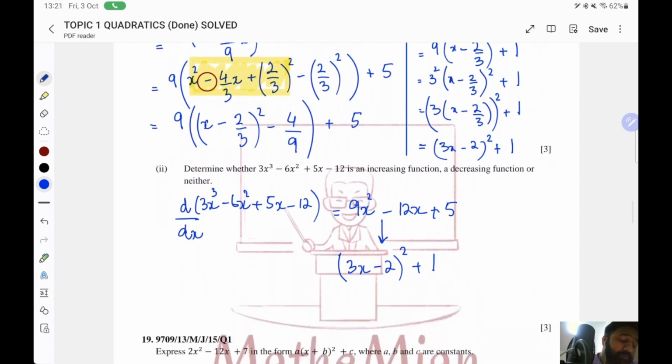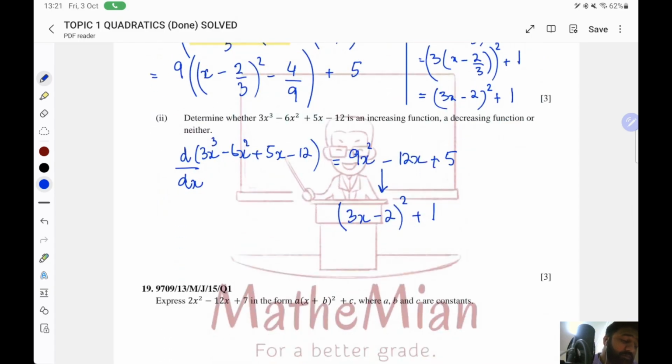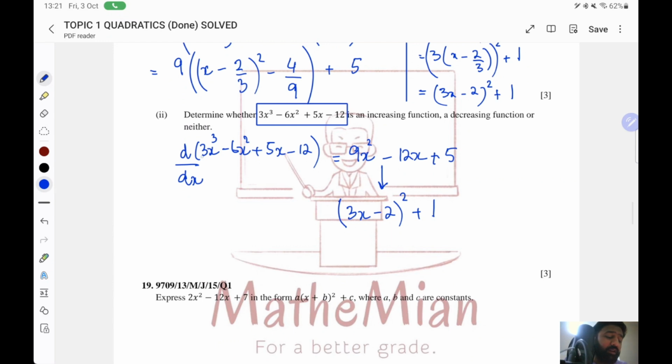The y over here is the function for which I am finding the derivative. Anyhow, let's move forward.